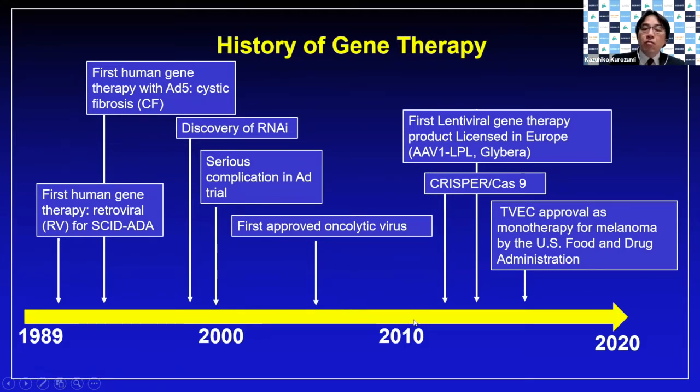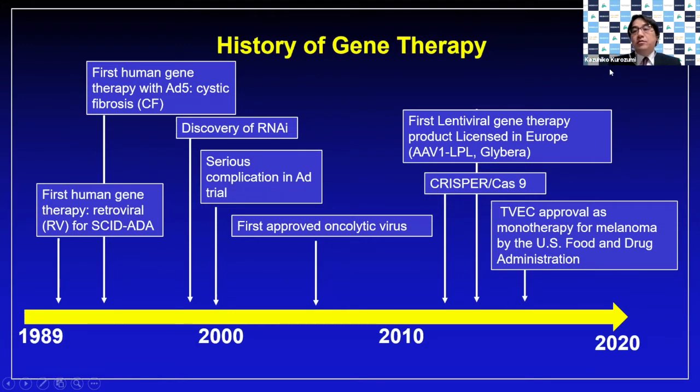From 2010, many gene therapies started, then restarted. The first lentiviral gene therapy product was licensed in Europe. And of course, CRISPR-Cas9 was found, which led to the Nobel Prize. And T-VEC, an oncolytic virus, was approved as a monotherapy for melanoma by the US Food and Drug Administration.